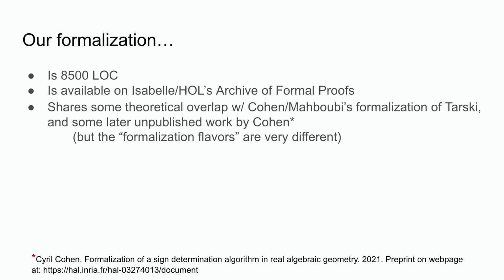But again, the formalization flavor of our work is very different from the formalization flavor of this prior work, because we started with a case where we had reduction in the univariate case, and we built into a multivariate algorithm where we again have reduction, and they're just very different flavors. I mean, also theorem proving in Coq is different from theorem proving in Isabelle.